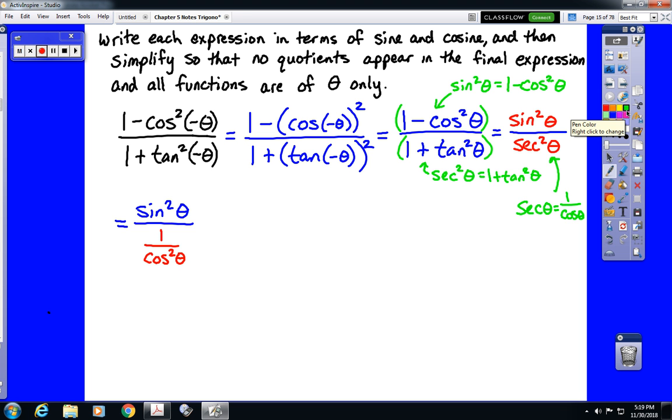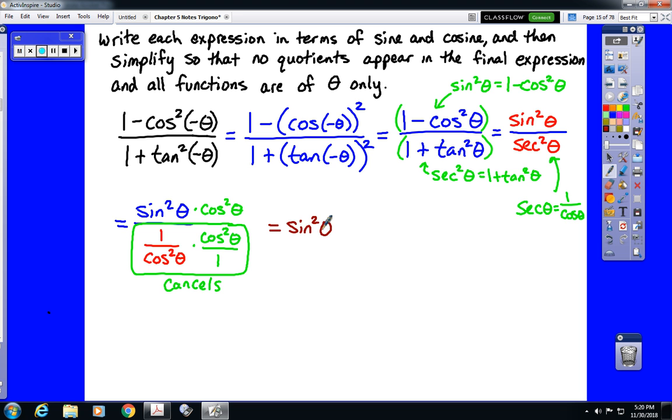Well, that's a complex fraction, so all we need to do to get rid of it is multiply by its reciprocal, which would be cosine squared. So we're going to multiply the bottom and the top of the fraction by cosine squared. Again, the whole point of that is that the entire denominator will cancel, and that will get rid of the fraction, giving us sine squared theta times cosine squared theta, which is as simple as this expression is going to get.